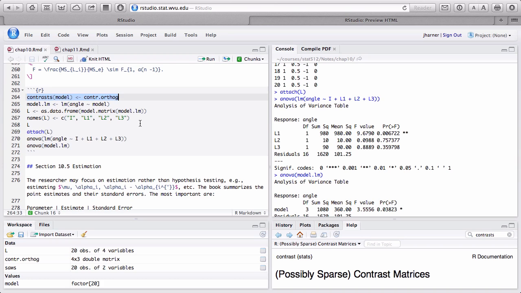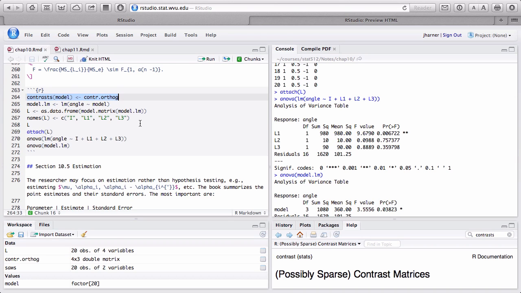Those are the only 2 I really need. Then I could run LM on angle, do an ANOVA to get the overall, and then do the summary of model.lm. I do those anyway, because usually I run the ANOVA function and the summary function. So you really only need 2 statements.